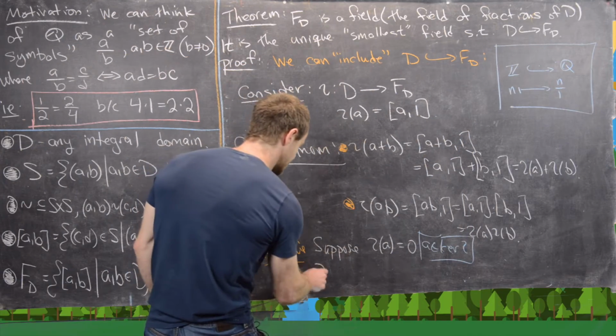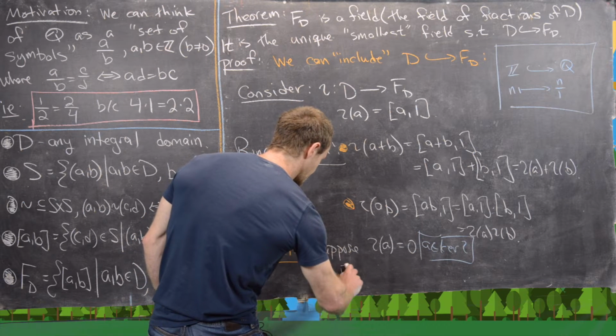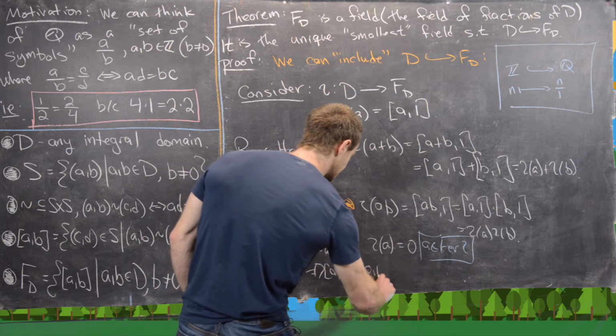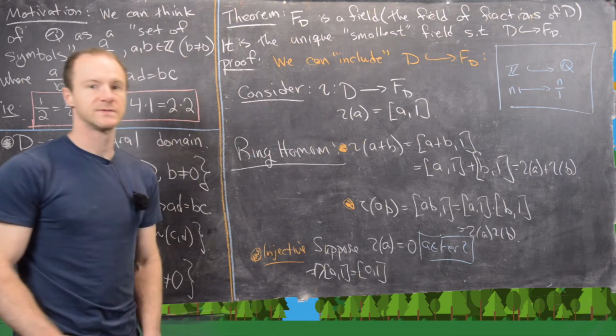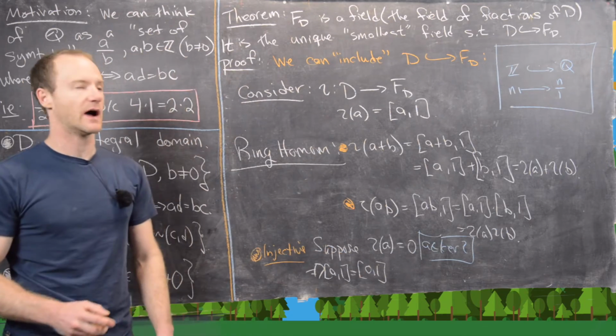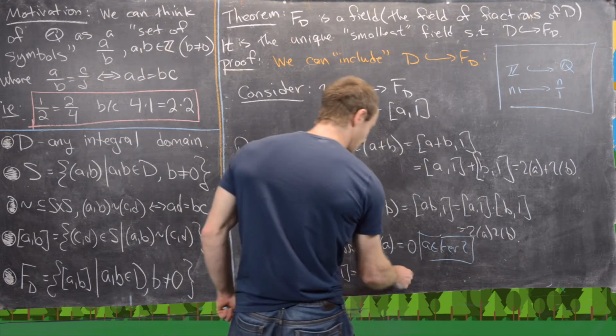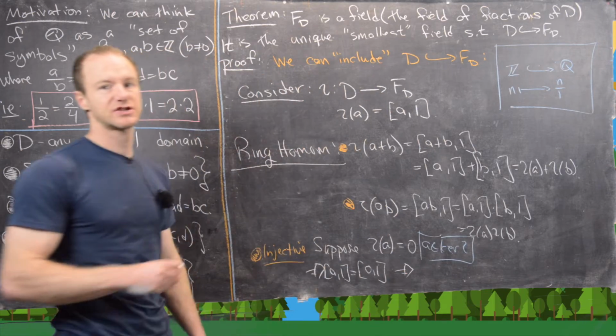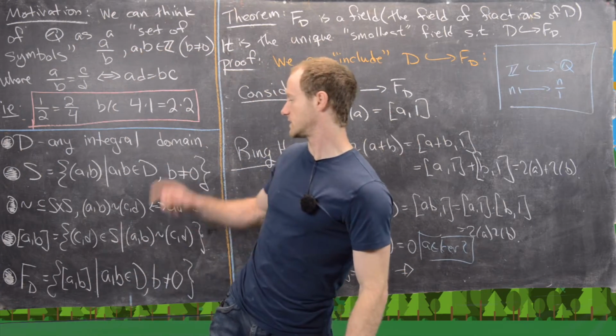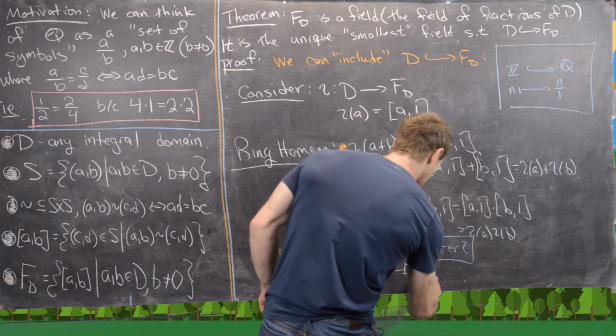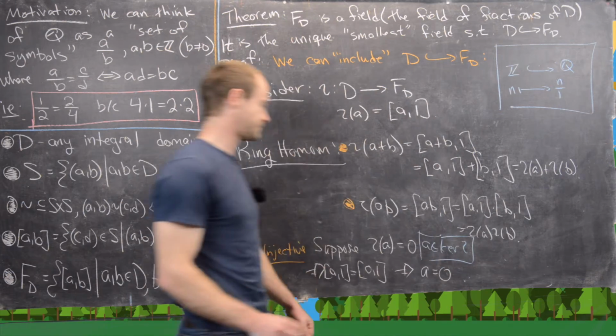But what that tells us is that (a, 1) is equal to (0, 1). Remember, that's the additive 0 element within F of D. Now by our cross multiplication rule, in other words, our equivalence relation, that means that a is equal to 0.